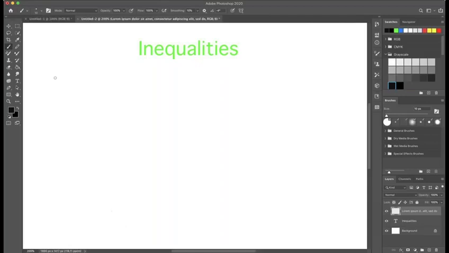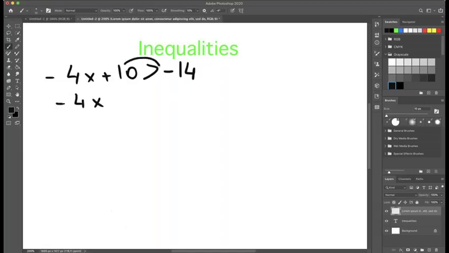Next one, for example, negative 4x plus 10 more than negative 14. Again, same stuff. Negative 4x, I'm moving 10 to the other side, more than negative 24.